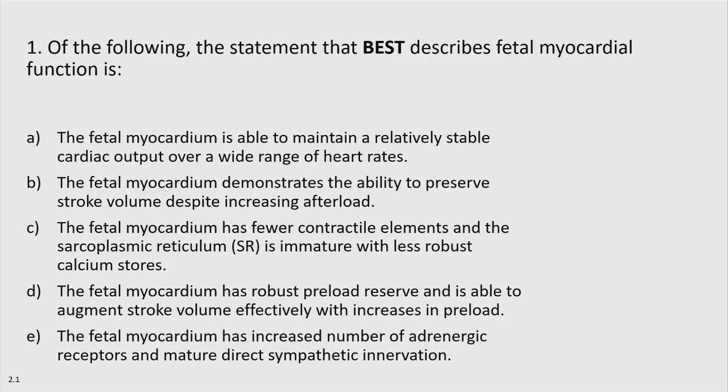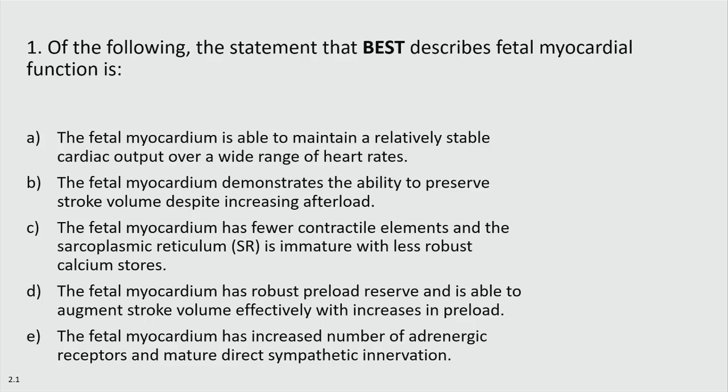So number one, the statement that best describes fetal myocardial function is: A, the fetal myocardium is able to maintain a relatively stable cardiac output over a wide range of heart rates. B, the fetal myocardium demonstrates the ability to preserve stroke volume despite increased afterload. C, the fetal myocardium has fewer contractile elements, and the sarcoplasmic reticulum is immature with less robust calcium stores.